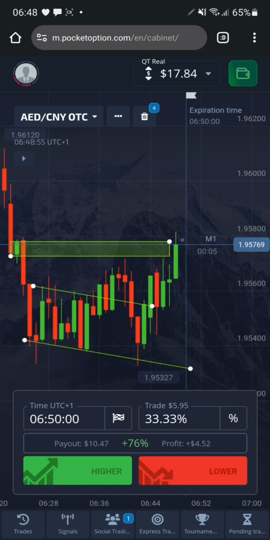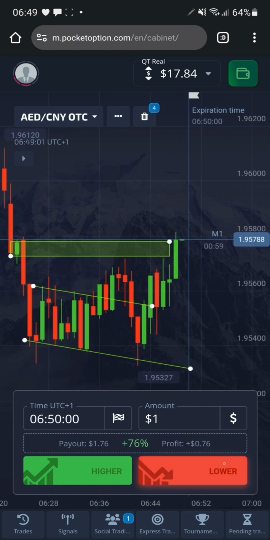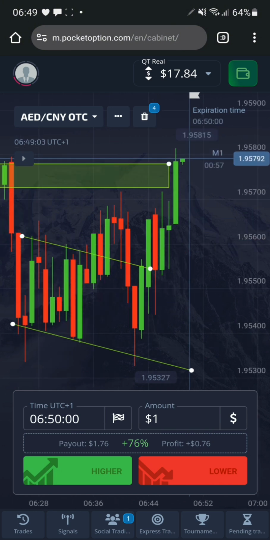We should have a red candle here. Let me go with $1. So I'll wait for it to touch that round number. Let's go.